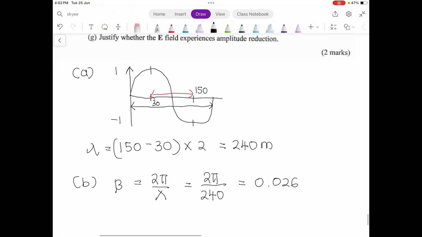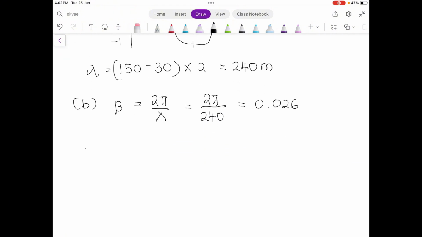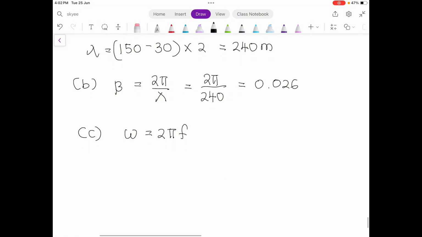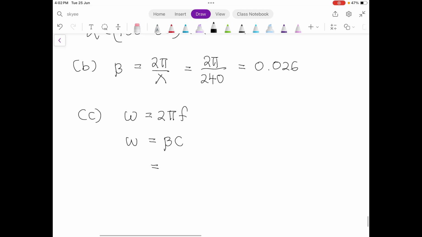And C is the angular frequency. Angular frequency is the omega. It is equal to 2 pi f. Besides using this equation, you can also use the other equation, that is omega equals beta multiplied with c. c is the speed of the electromagnetic wave in the medium.